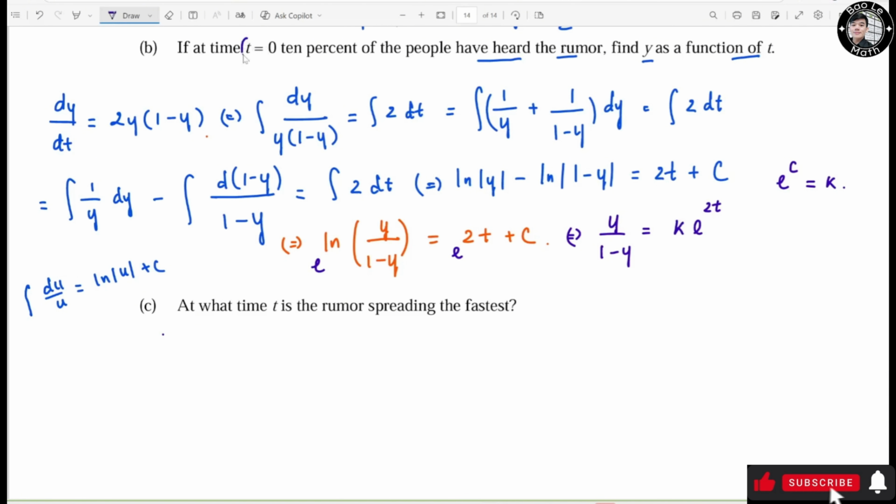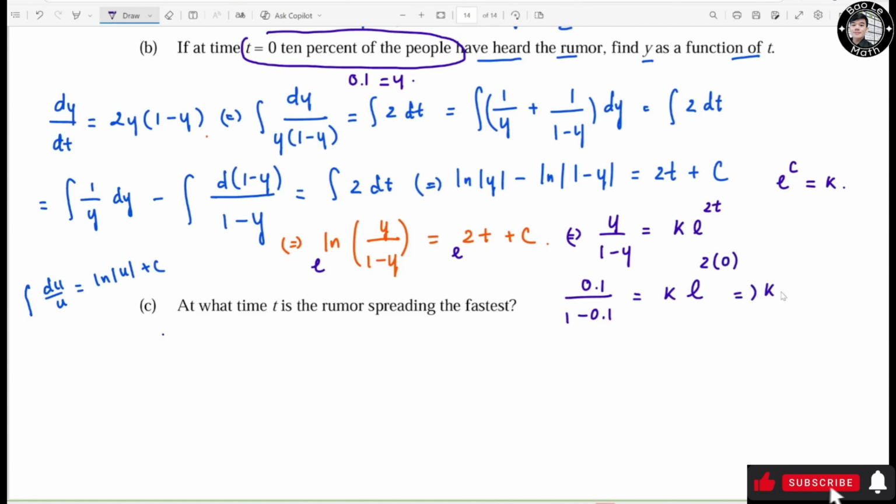I'm going to use the initial condition right here. At t = 0, 10% of the people heard the rumor, which means y = 0.1. So I'm going to end up with 0.1/(1 - 0.1) = k times e^(2·0).